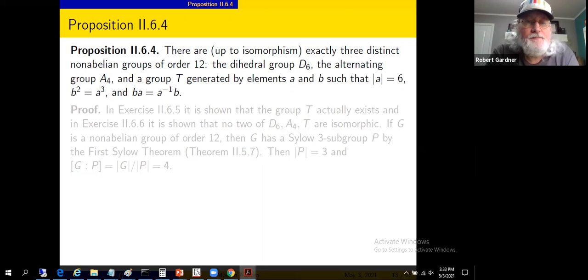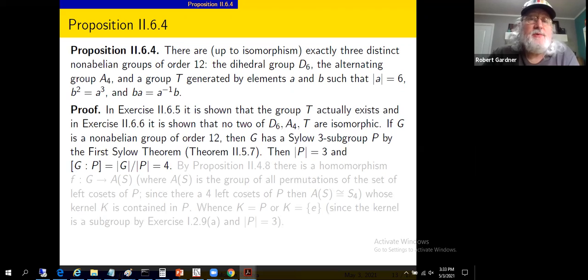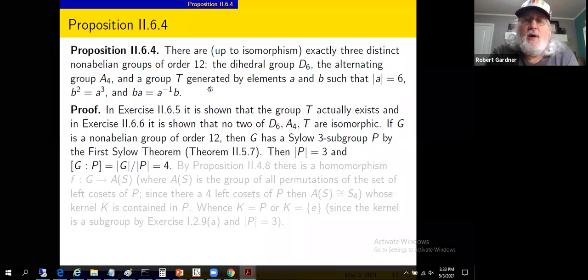So here we go. First, exercise 2.6.5, speaking of exercises, shows that this T actually exists. This group T, given effectively by this presentation, really does exist and is a group of order 12. So I already know all three of these are groups of order 12.